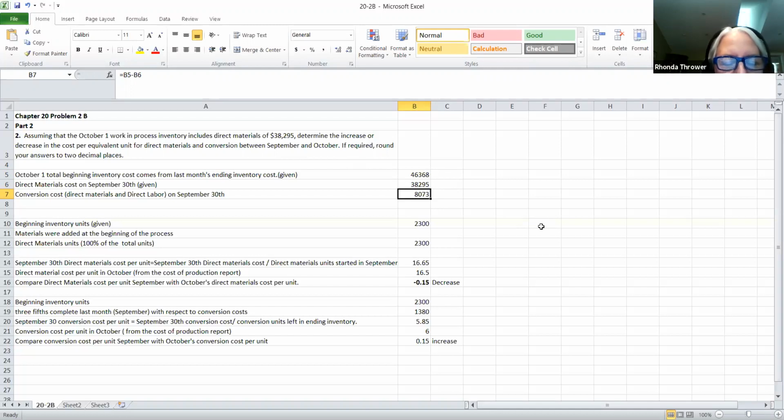So materials and conversion added together are the total of your beginning inventory cost. So if I wanted to find out what my conversion costs were last month, I would subtract my materials from my total beginning inventory cost, and that would give me my conversion cost from last month, which was September 30th.